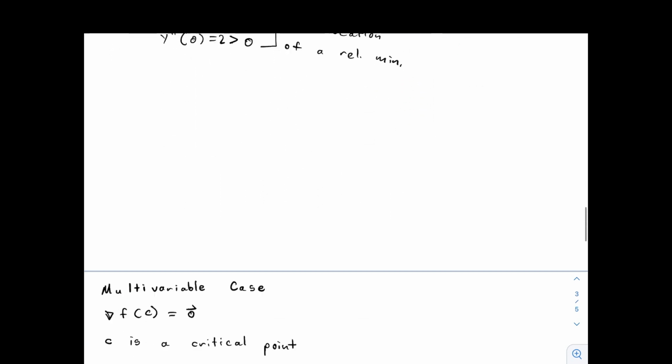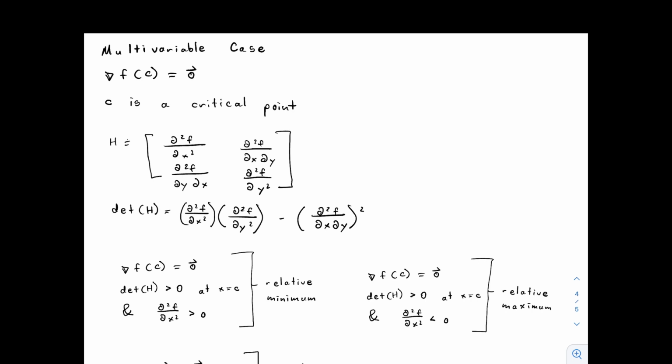If we jump to the multivariable case, we have a similar idea, but now instead of a function of one variable, let's just say x, we have a function of two or more variables. And what I wrote out here are the conditions for finding a relative extrema in a case where we have a function of two variables.